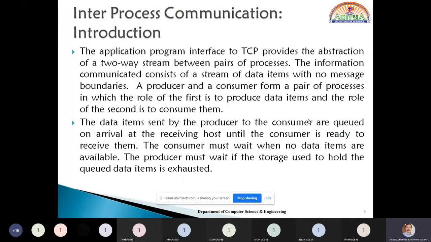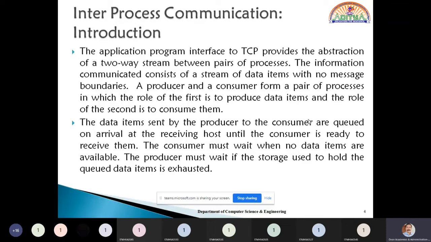Coming to the application program interface to TCP, it provides a two-way stream between pairs of processes, because you have to provide communication from client to server and server to client. Both communications, two-way streaming, are required. Here I'm using the word stream.